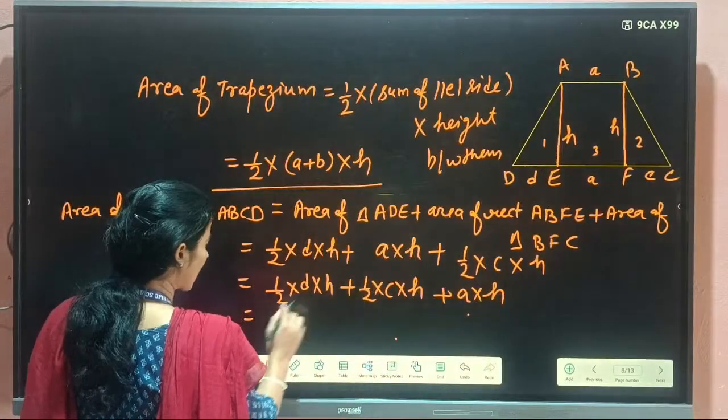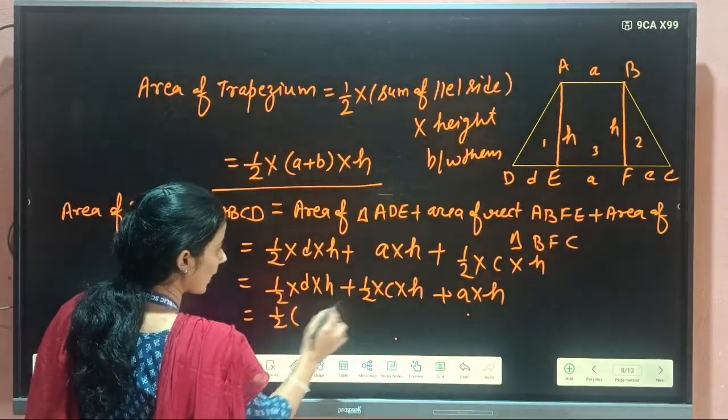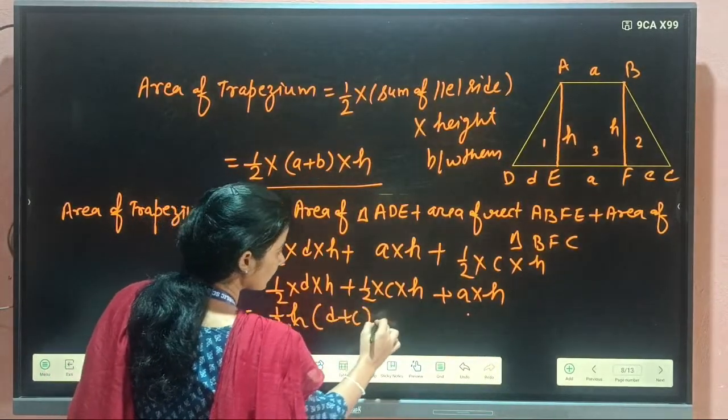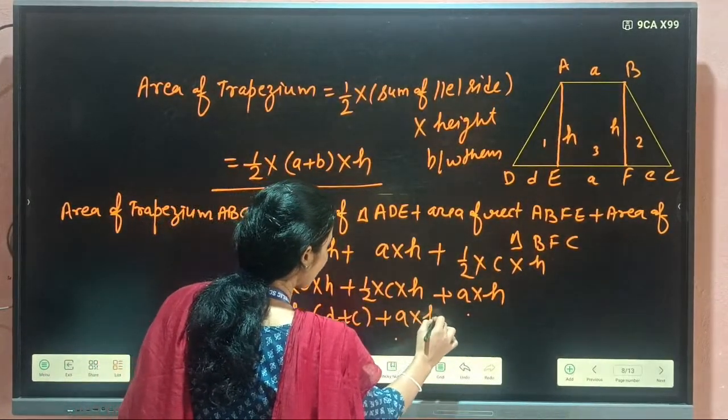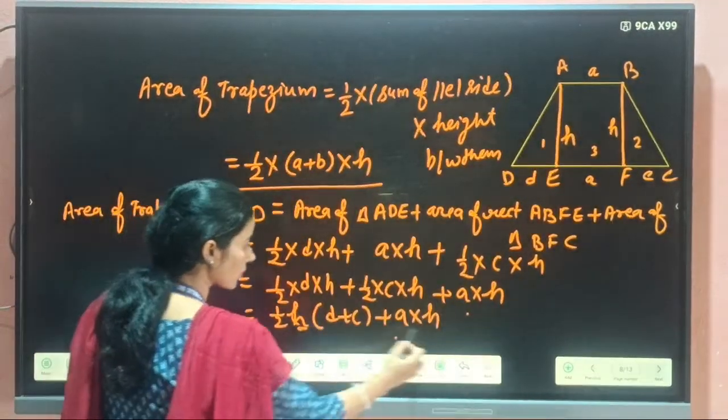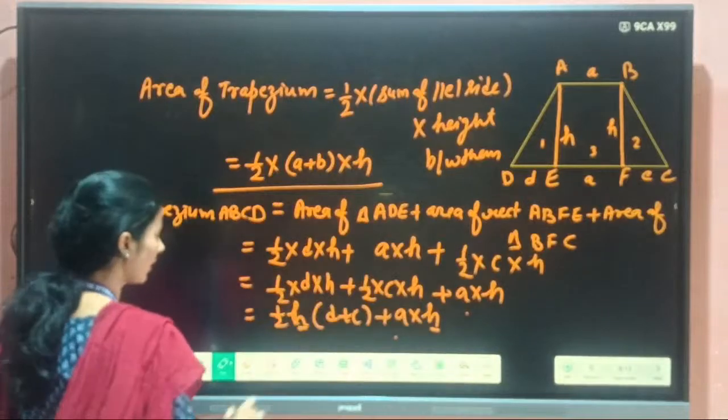1 by 2 is common and H is also common. Then it is D plus C plus A into H. Again, H is common in both terms. Take H common.